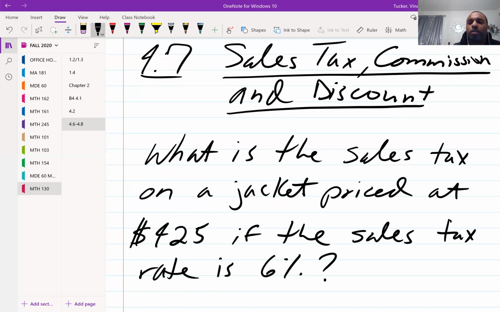Should be a comma. Sales tax, commission and discount. So first one: what is the sales tax on a jacket priced at $425 if the sales tax rate is 6%?